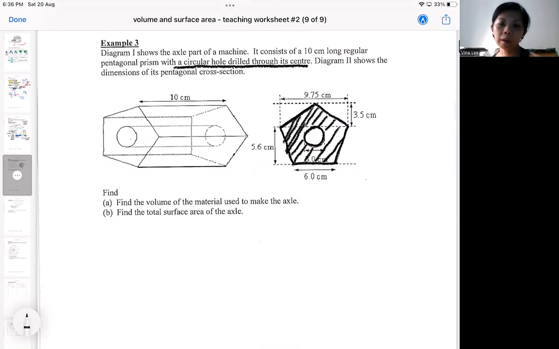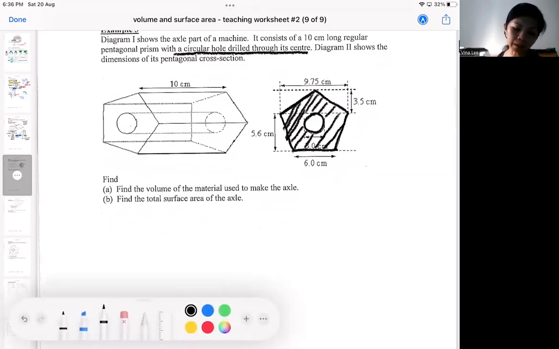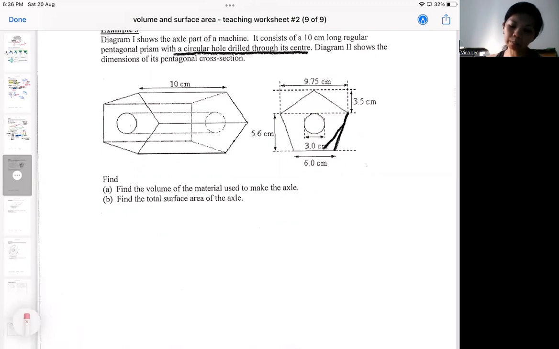Okay, so I'm going to find the area first. So the area will be made up of a pentagon. But how am I going to get the pentagon in this situation?